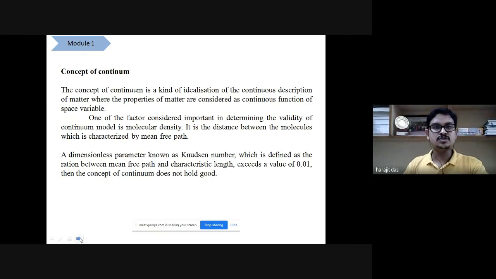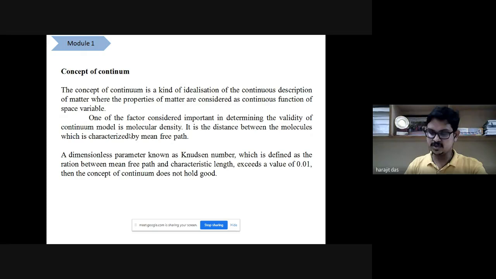So now the concept of continuum. This concept of continuum is basically an idealization of the continuous description of matter, where the properties of matter are considered as continuous functions of space variables. One glass of water, we will consider it continuous.